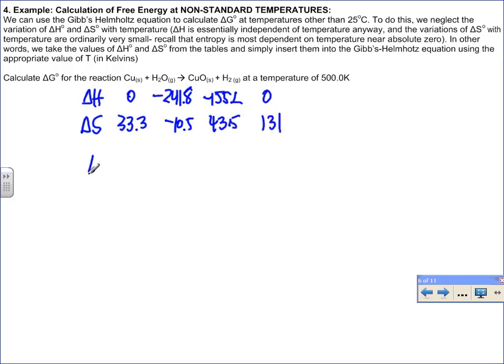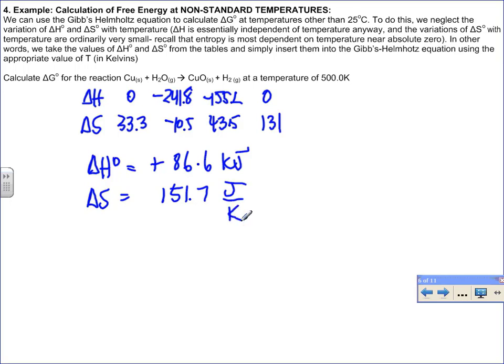Okay, so these are the values from the tables. To calculate the delta H naught, we do the same process. The sum of the heats of formation of the products minus the sum of the heats of formation of the reactants, and we get 86.6 kilojoules. For the change in entropy, we take the entropies of the products and subtract the entropies of the reactants, and we get 151 joules per Kelvin.